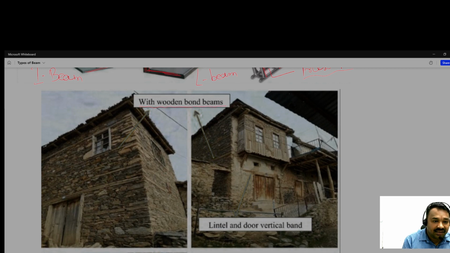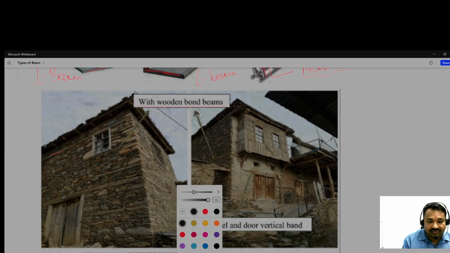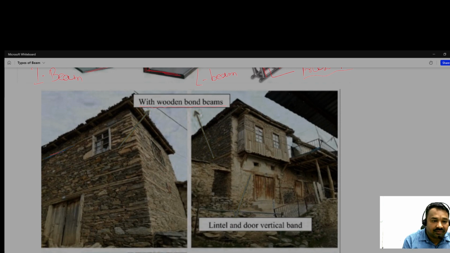तो आप देख सकते हैं this one, ये जो आपको दिख रहा है, ये जो एक लंबी सी, the long strip like that, long strip here, here, and here also.